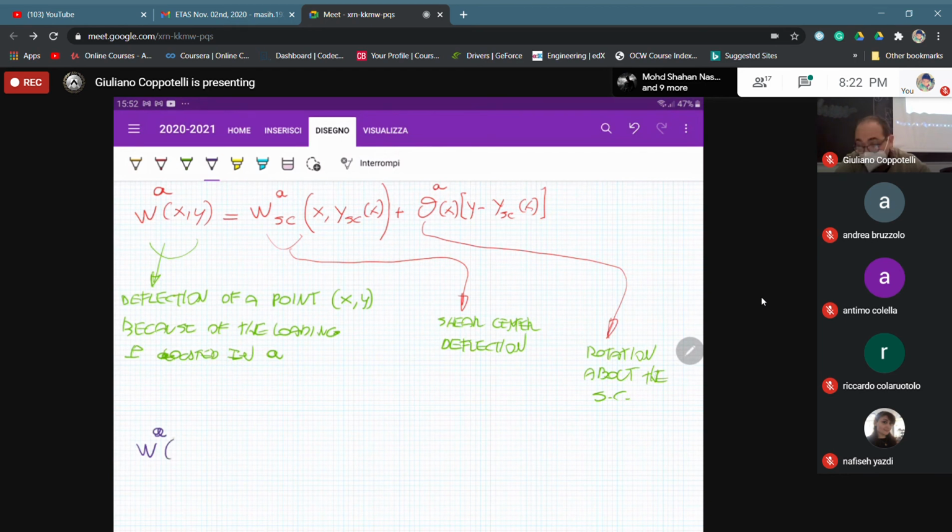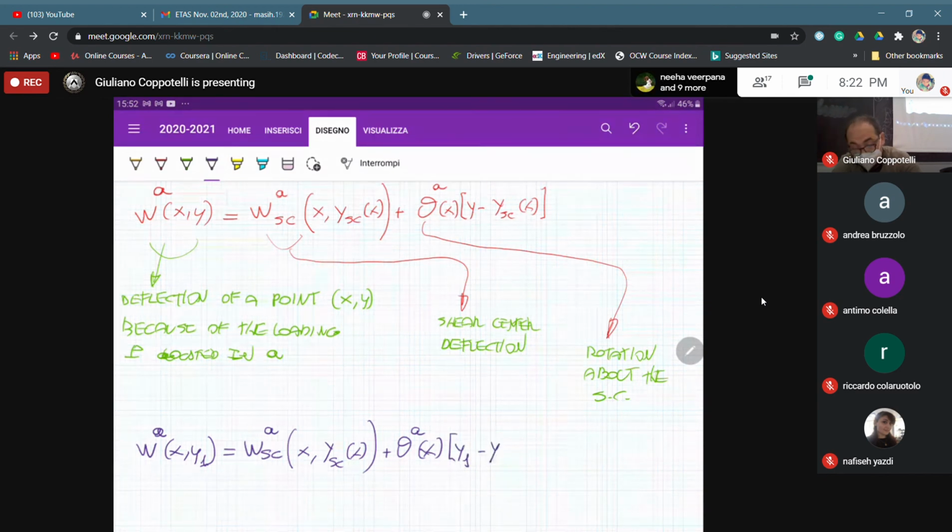So what we got here is that WA x y1 is equal to the deflection of the shear center y f c x plus theta A x times (y1 negative y f c x).